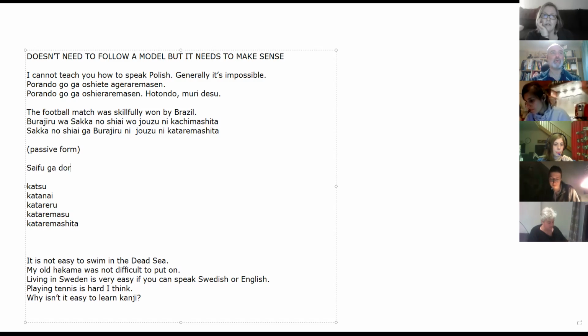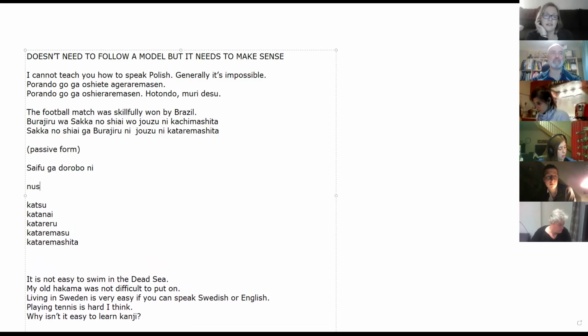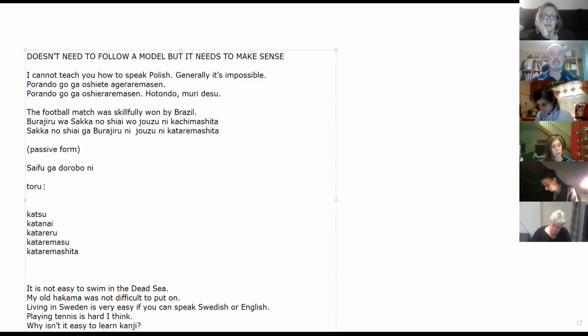And the thief. No idea. Borobo. And then we mark the agency with ni. Ni. And then the verb was nus. Let's use toru for now. Toru. To take. So this would be totte. No, follow this same pattern as Louise. Toru.